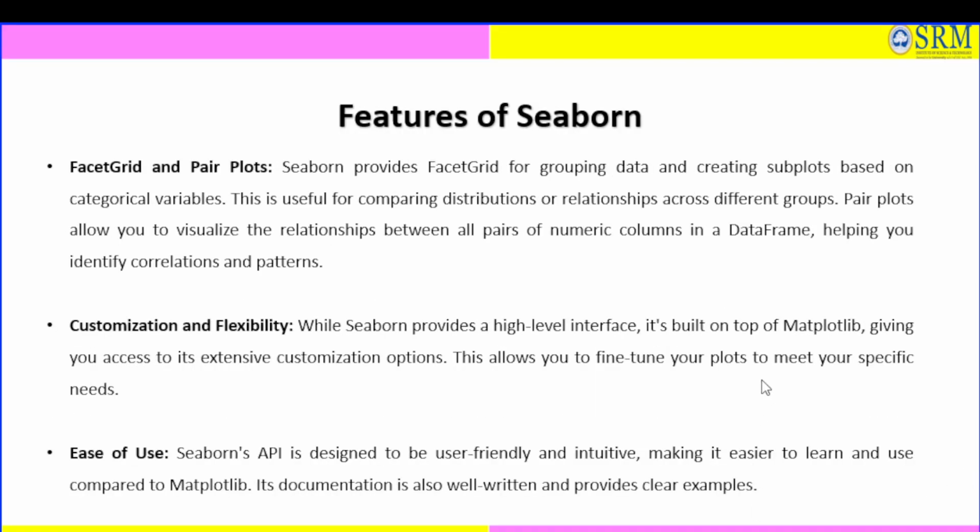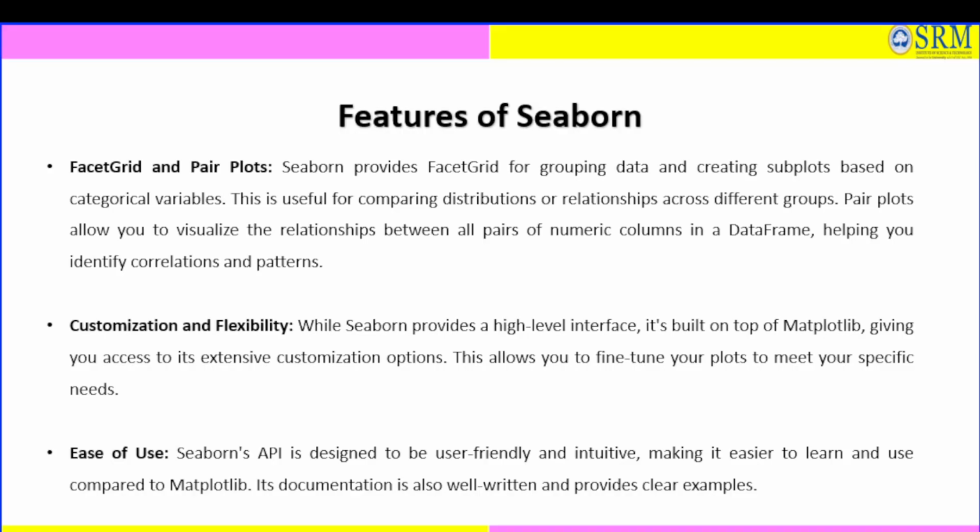And we can also work with facet grid and pair plots. Seaborn provides something called facet grid. It is used for grouping data and creating subplots based on a categorical variable. This facet grid or pair plots are particularly used whenever you want to find out the relationship across different groups, like how we did in heat maps and all.